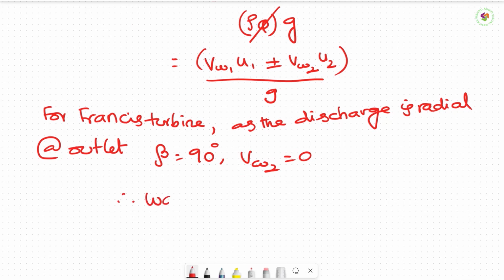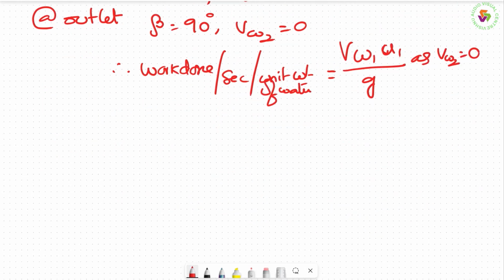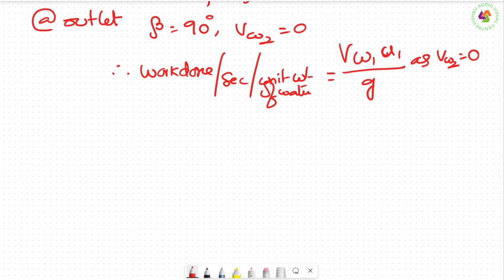Therefore, work done per second per unit weight of water is equal to VW1 U1 by g, as VW2 is equal to 0. So this is the final thing.